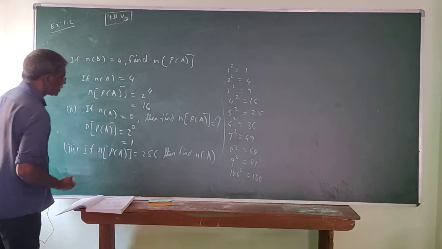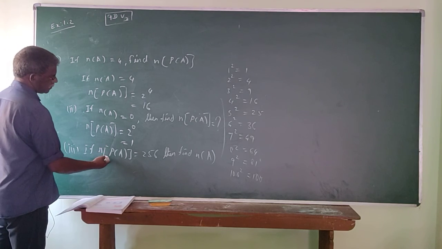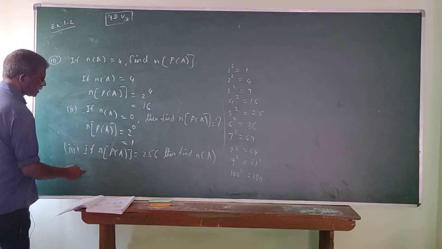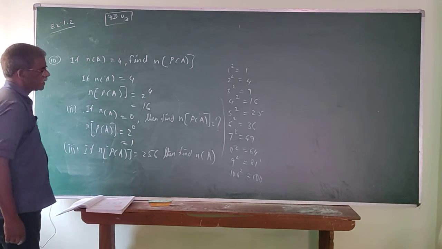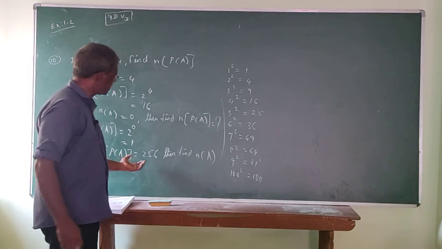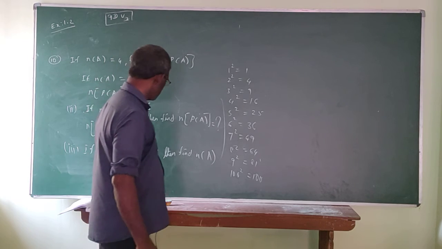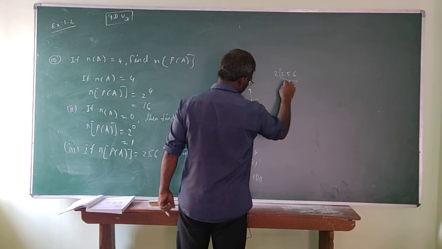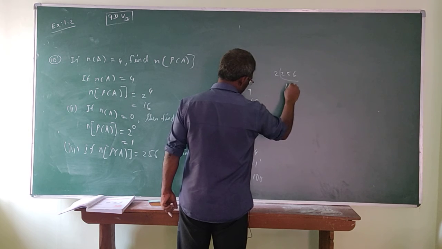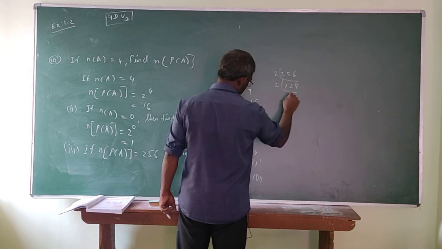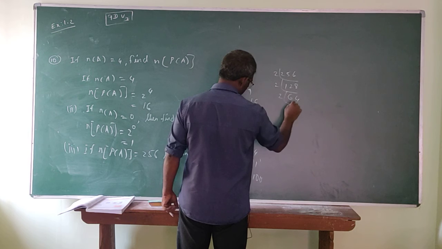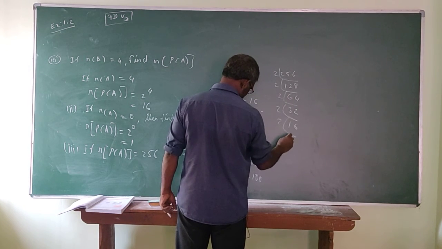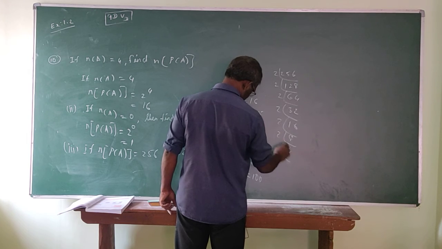If it is given, then for the number of power sets you have to factorize this number by dividing by 2. 256, 128, 64, 32, 16, 8, 4, 2, 1.